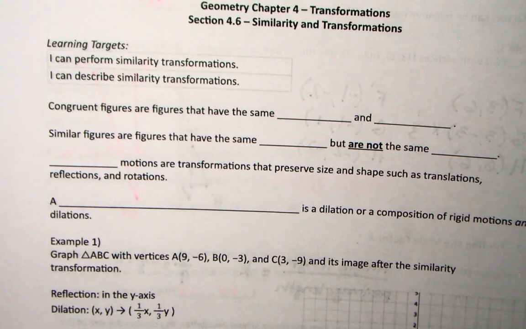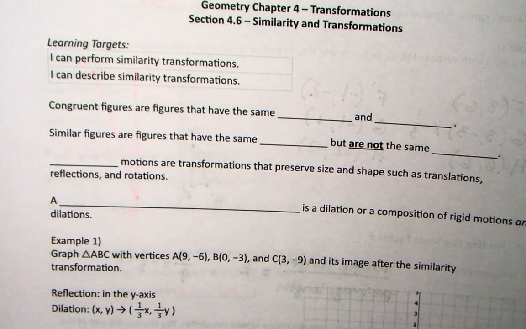Here we are talking about the difference between congruent and similar figures. Something we've talked about a little bit, but not in specifics. Congruent figures, you should be familiar with them.